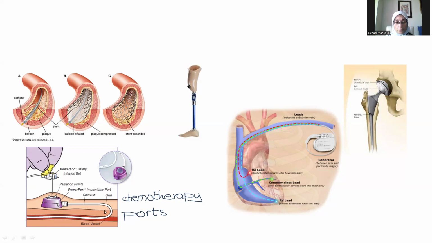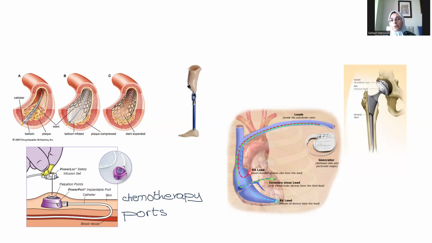It is a flexible tube that is inserted into a vein, and there are points of palpation here that are a bit raised so that if you palpate over those palpation points, you can detect where the port is, and therefore you can insert the needle into the space in between the palpation points to deliver chemotherapy medication.